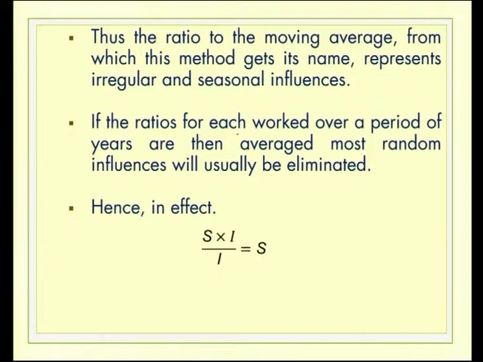If the ratios for each month over a period of years are then averaged, then most random influences, that is irregular variations, also will be eliminated. Hence, in effect we have S, that is what is remaining. When we take the average of averages, irregular variations also go out and we get only the seasonal variations.